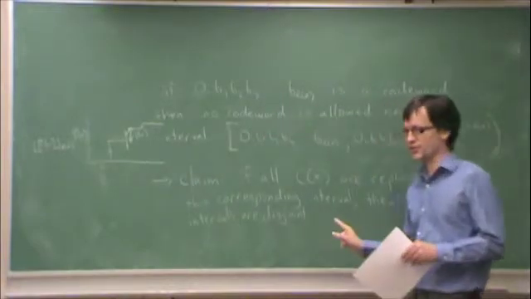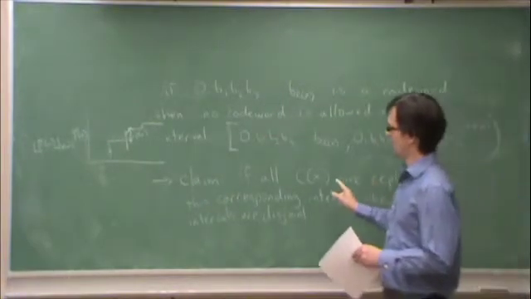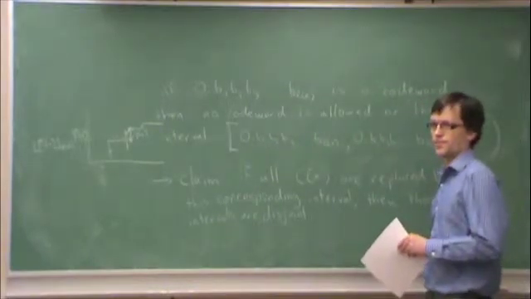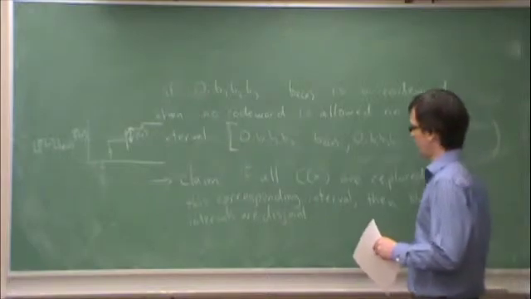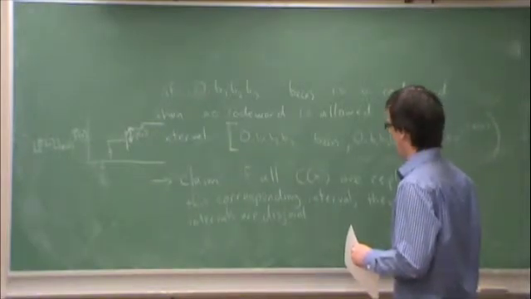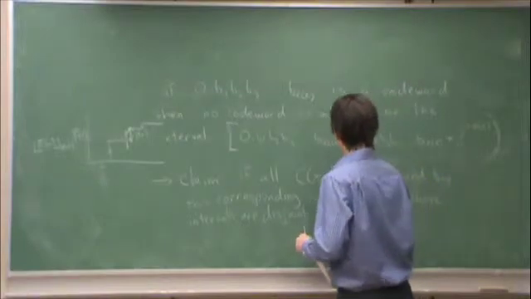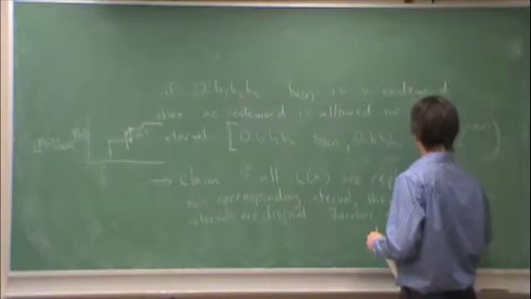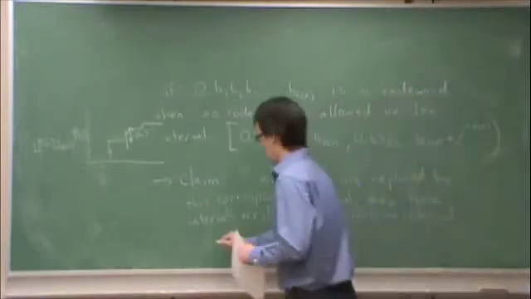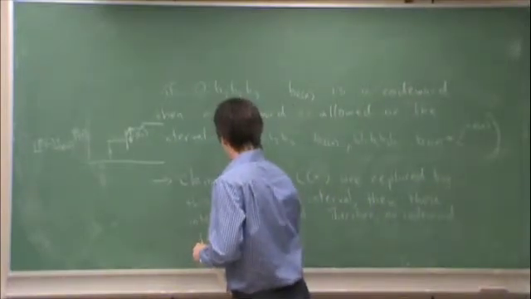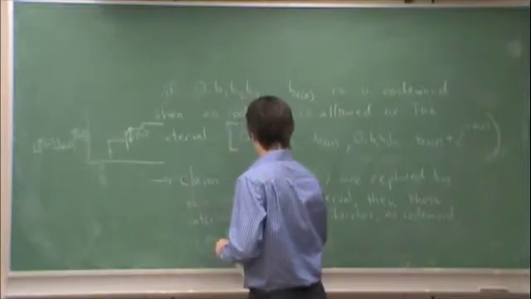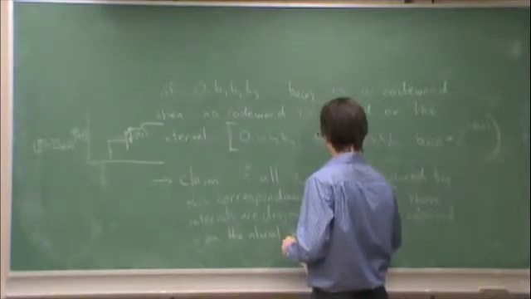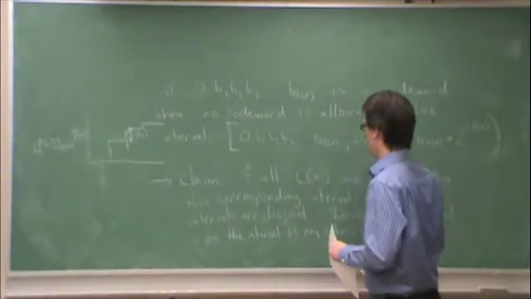If those intervals are disjoint, then it must be true that no code word is on the interval of any other code word. Therefore, no code word is on the interval of any other, so the code must be a prefix code.